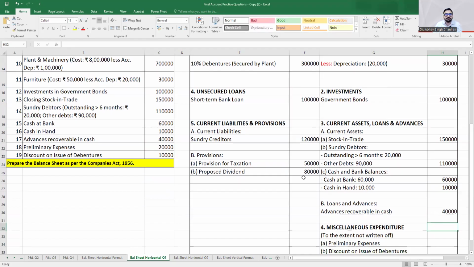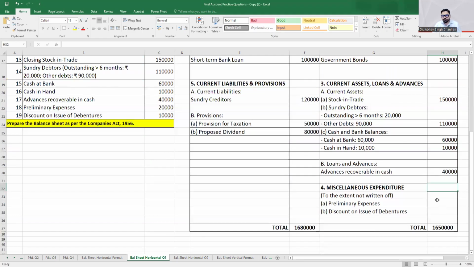Then apart from this, we have two other points, point number 18 and point number 19. These are our miscellaneous expenditures, that is preliminary expenses and discount on issue of debentures. If you are issuing a debenture and you are giving any kind of discount, that discount will come under the category of miscellaneous expenditure. Whereas any kind of preliminary expense that you have made, the benefit of which you'll avail in future, those expenses will also come under the category of miscellaneous expenditure.